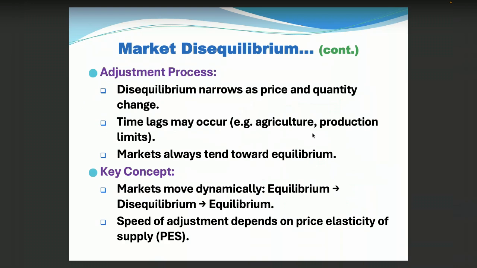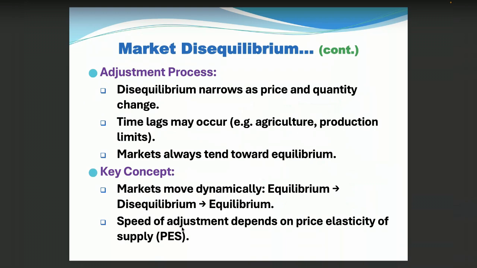But in manufacturing goods such as pencils, or fast production goods, it was much easier to produce your goods. Because of that, agriculture will take a longer time than some other simpler manufacturing processes. And the market will always tend toward equilibrium unless someone else, like the government, intervenes.